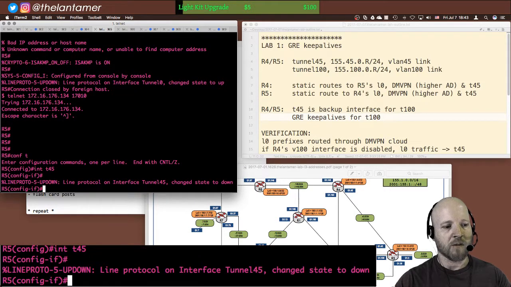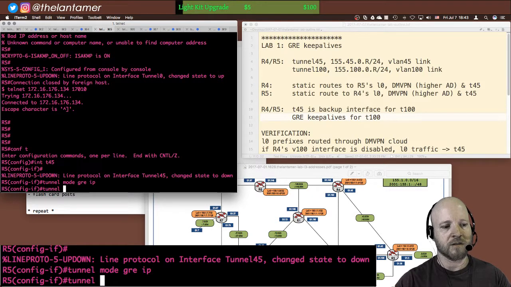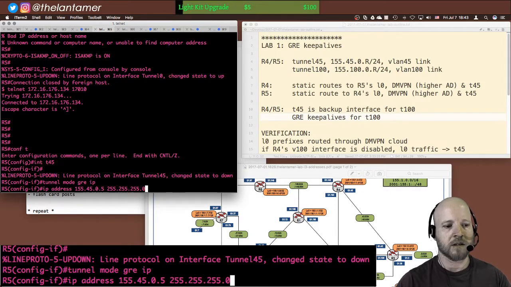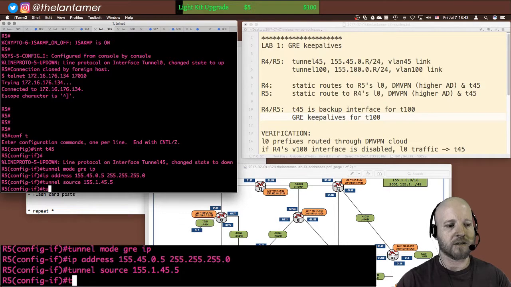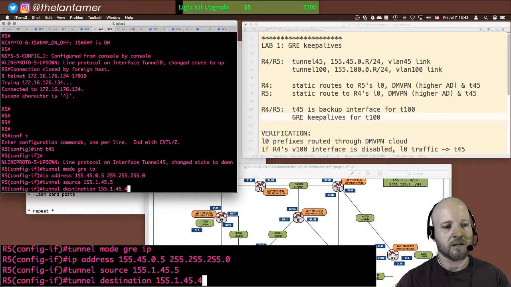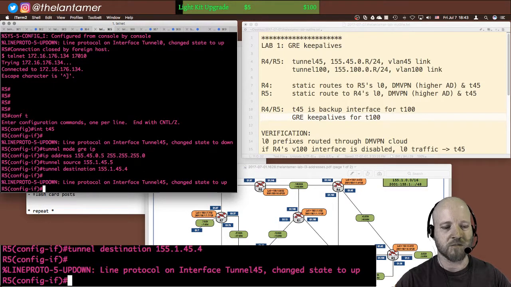Tunnel mode GRE IP, tunnel IP address 155.45.0.5, and tunnel source is 155.1.45.5, tunnel destination. I'm typing most of these commands out, so that'll help them stick. All right, so we've got tunnel 45 built.